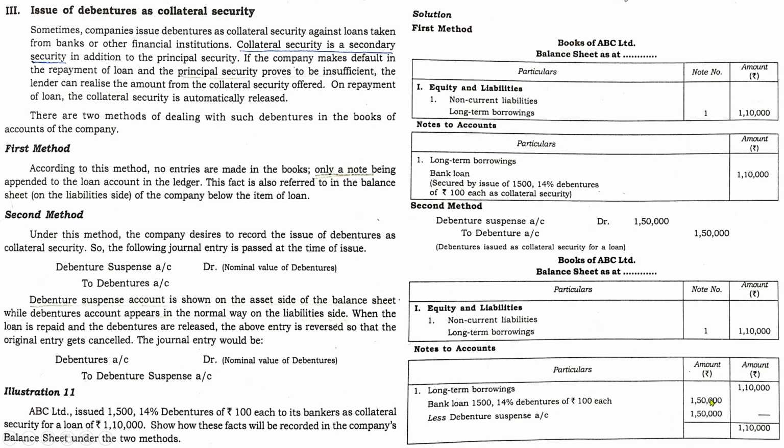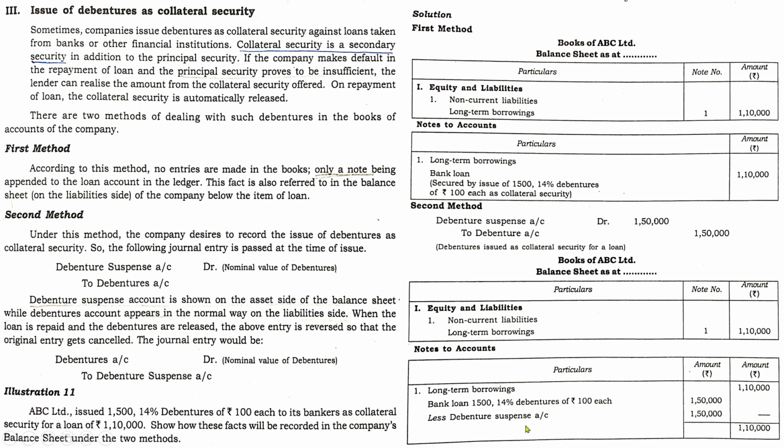So 1,50,000 less debenture suspense 1,50,000, the net effect is the value of the loan, that is 1,10,000. This is how you have to deal with the issue of debentures as collateral security if you are following the second method.